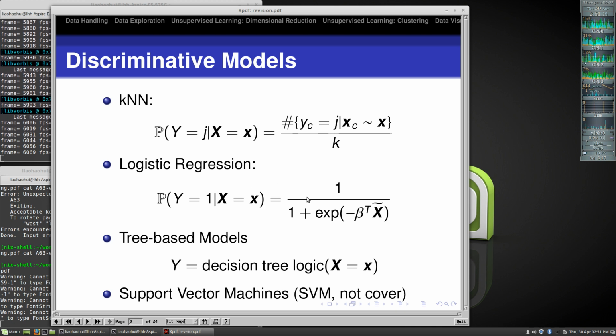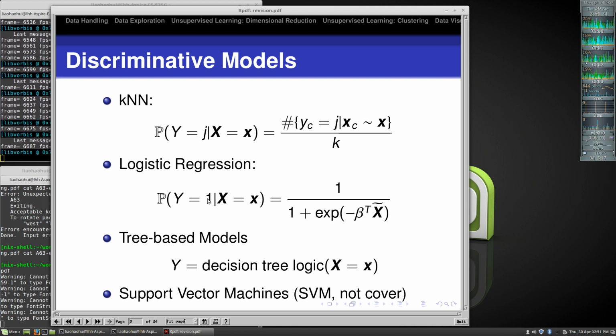Logistic regression is also a kind of discriminative model. So where does the boundary come from? It comes from equating the output to 0.5. Normally above 0.5 we say it's the positive class, and below 0.5 it's the negative class.